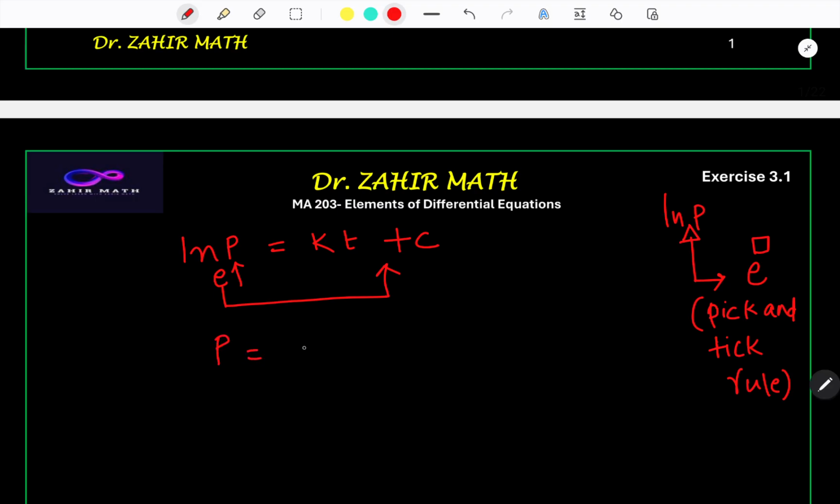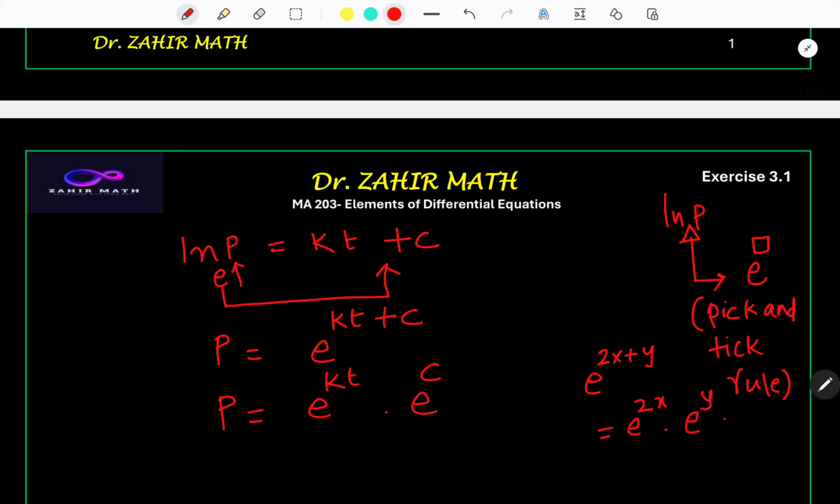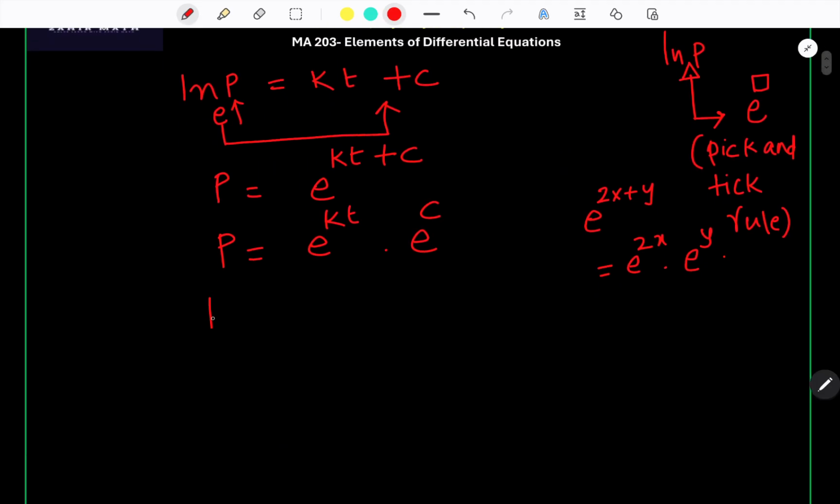So p equals e power kt plus c. This equals e power kt and e power c. We can write e power 2x plus y as e power 2x and e power y. Now c is a constant, and e is also a constant, which is 2.3 something.